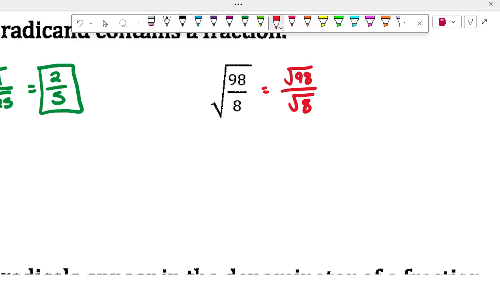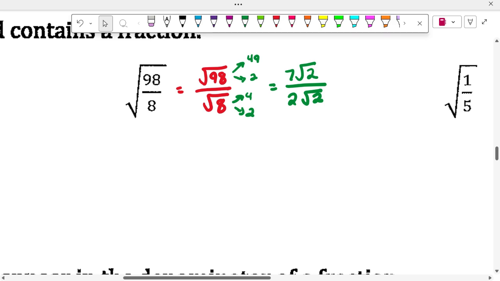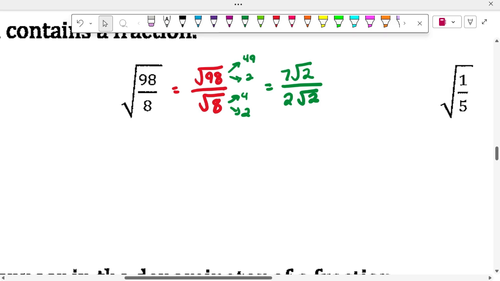So what's the highest perfect square that'll go in the 98? 49 and 2. So what would this be simplified? 7 square root 2. What about the square root of 8? 4 and 2. So what would it be simplified? 2 square root 2.